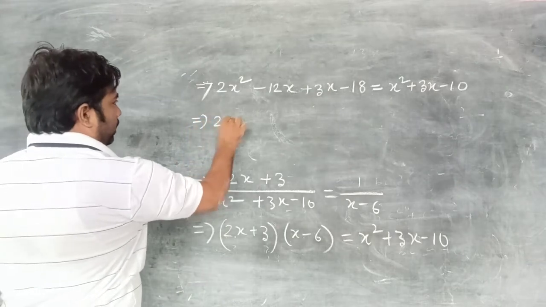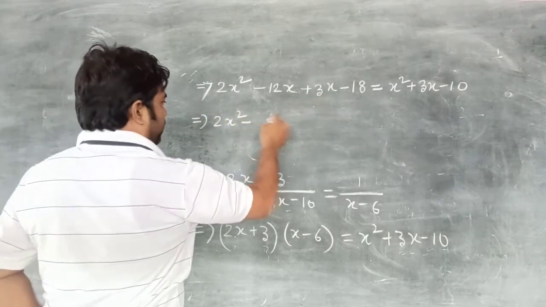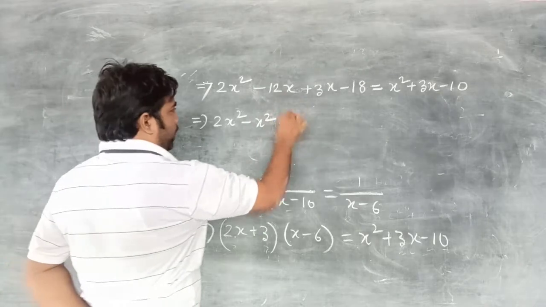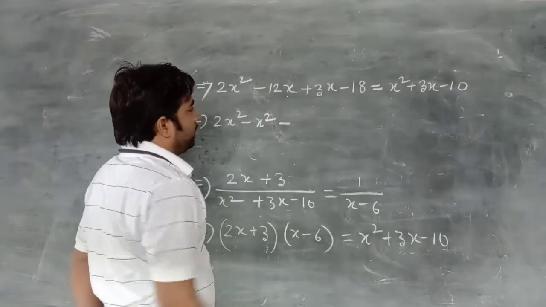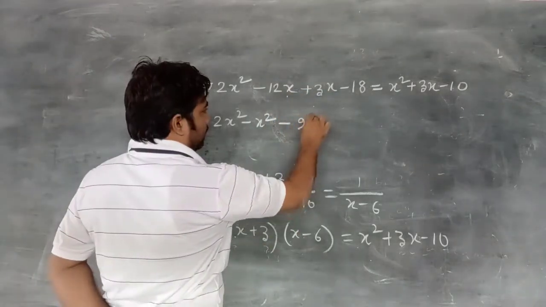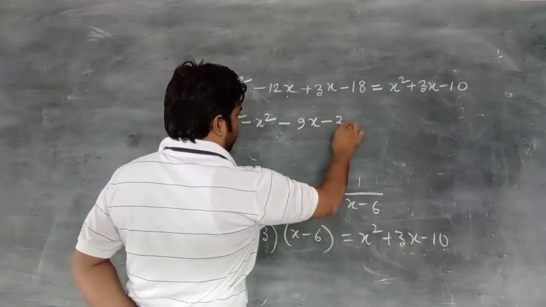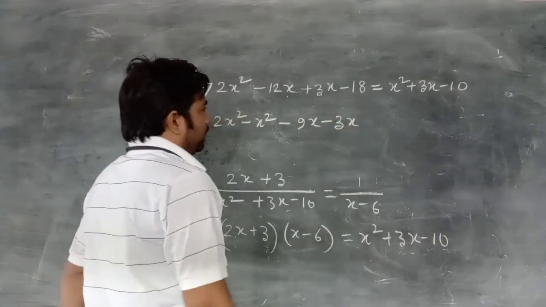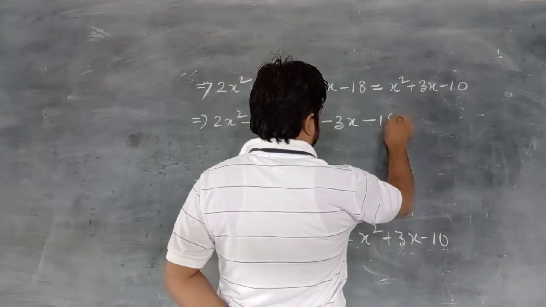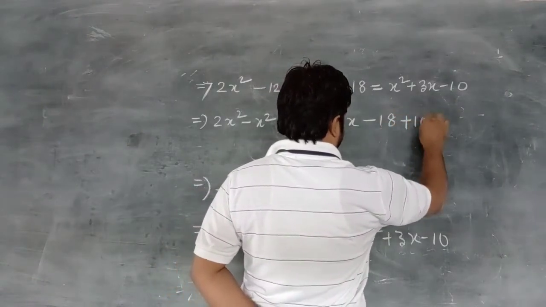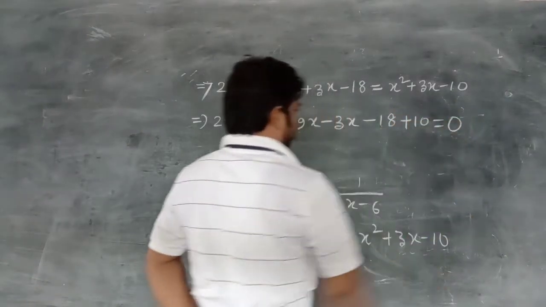Twice x square, if we shift x square it is minus x square. Minus 12x plus 3x is minus 9x, and if we shift this 3x it is minus 3x. Minus 18 plus 10 equal to 0.